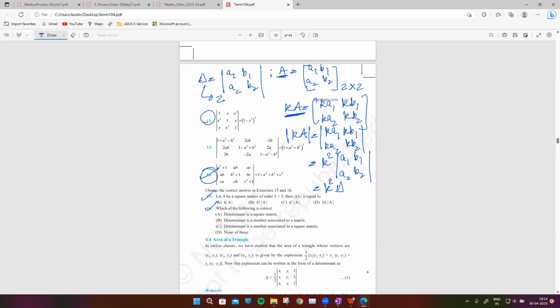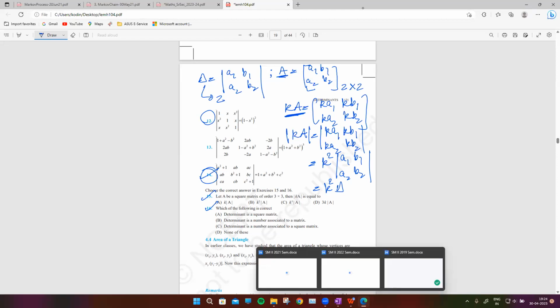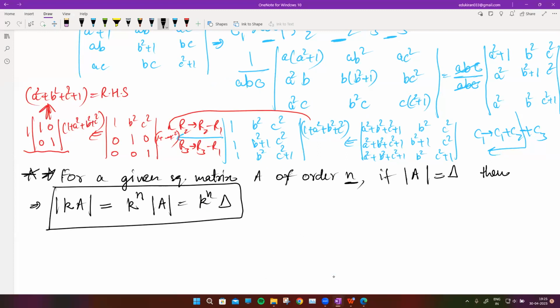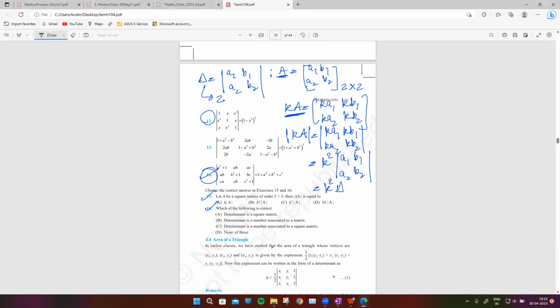Which of the following is correct? What is a determinant? We have talked about determinant. Yes, correct, Shavish.